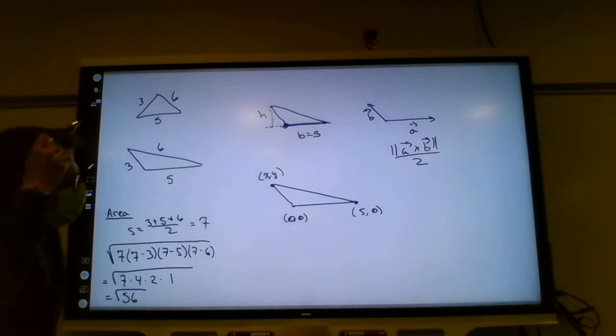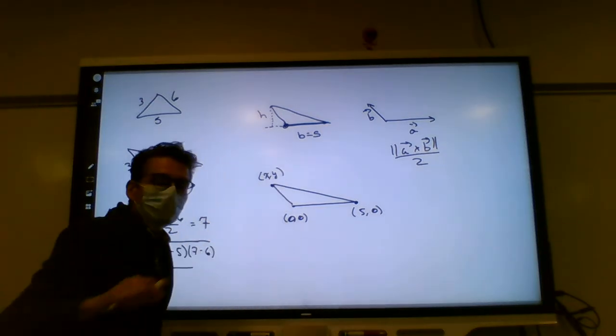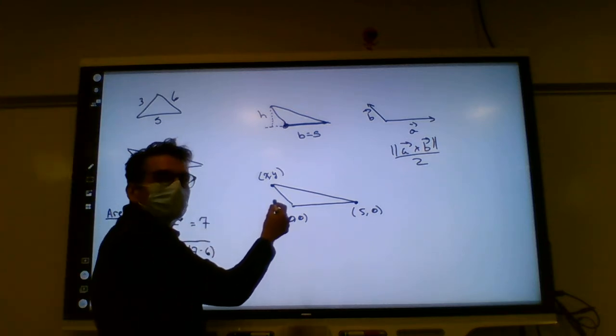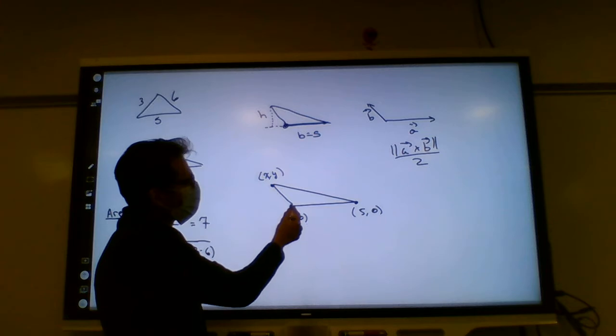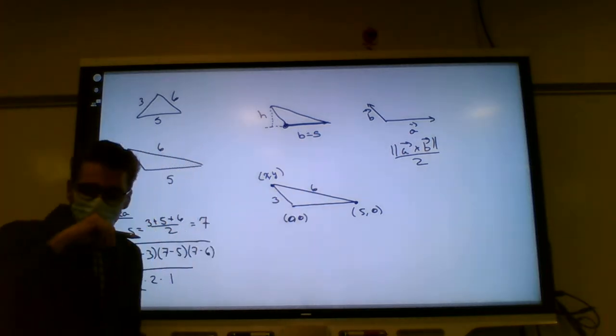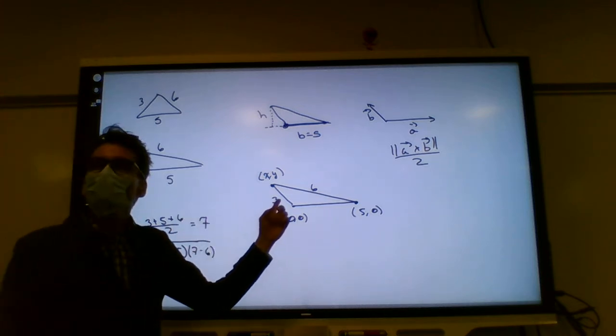All right, so can we figure out anything about x and y from what we have here? How long is this side? 3. It's 3. And this side is 6. Let's see what happens.